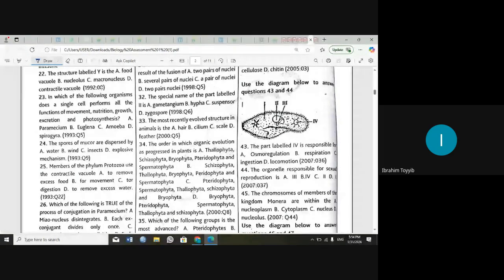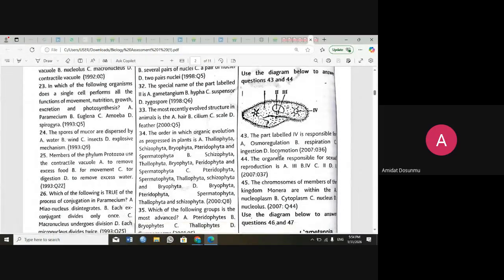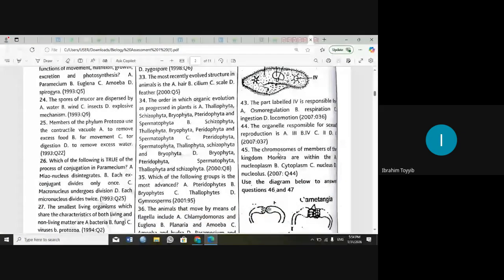So this small nucleus functions in what? Sexual reproduction. You get that? Yes, sir.